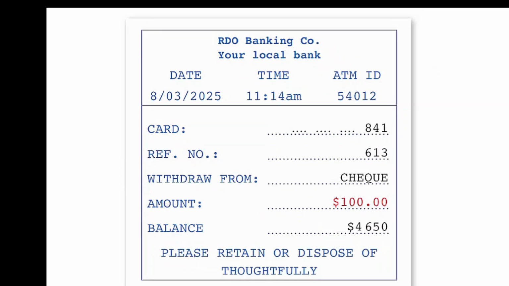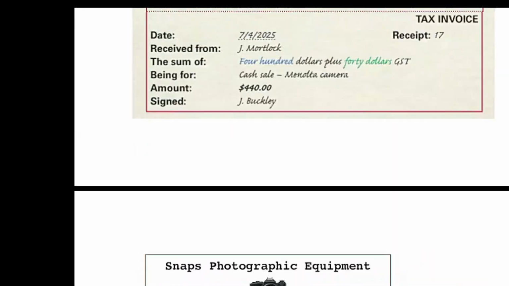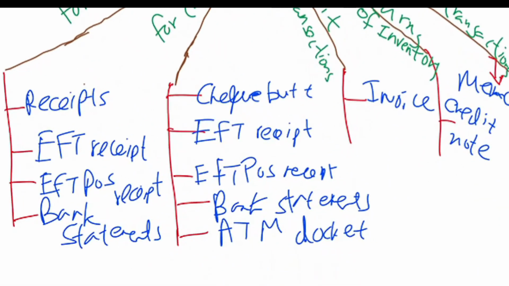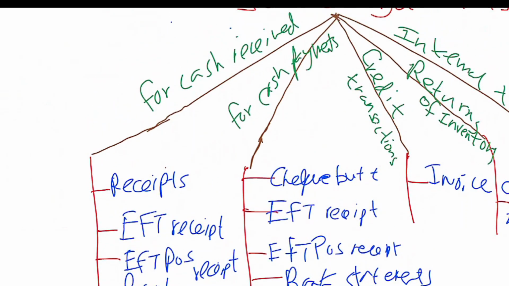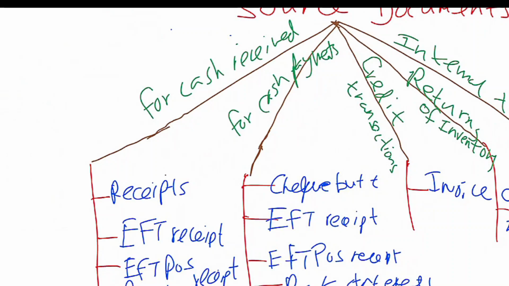ATM ID. Now what is that one? ATM ID means, see, in the cash payments, guys, under the cash payments, the last one is ATM docket. So what I just showed you is the ATM docket.